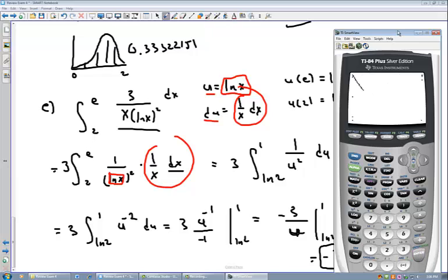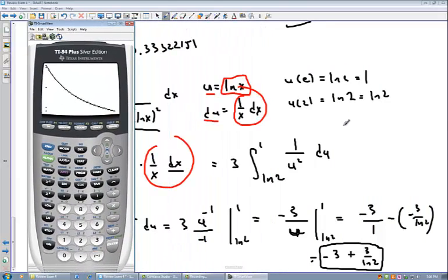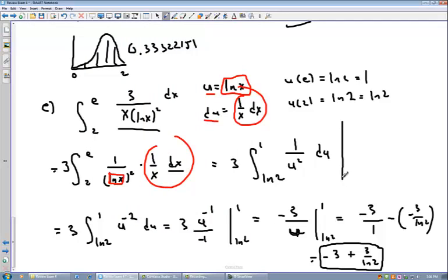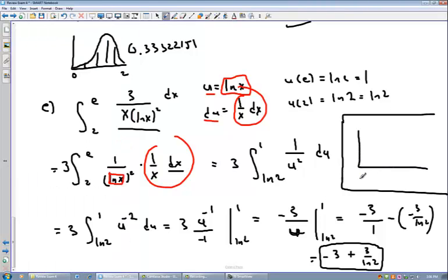And so that's what it looks like. I'm a little bit out of room over here, so I'm going to use this little space I have right here. Make a little box right here. So what does it look like? It looks like this. I went from 2 to e. Starts up here, comes down here.